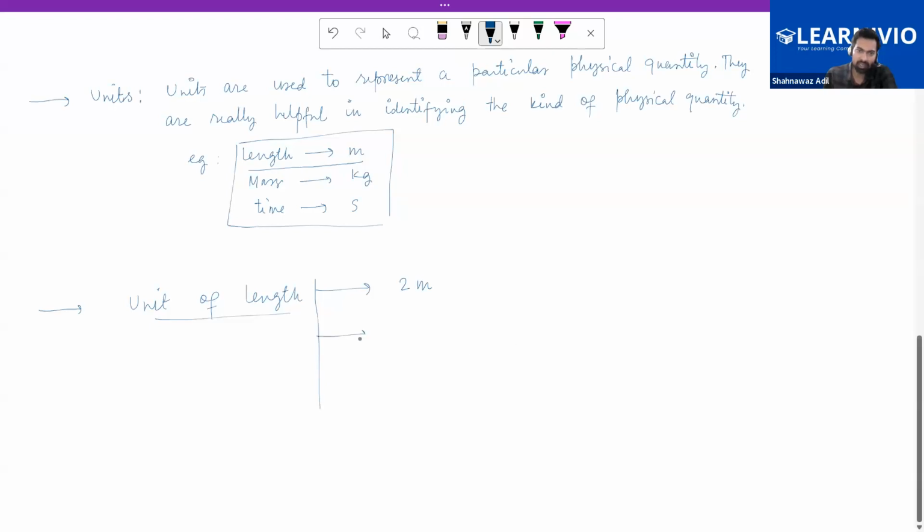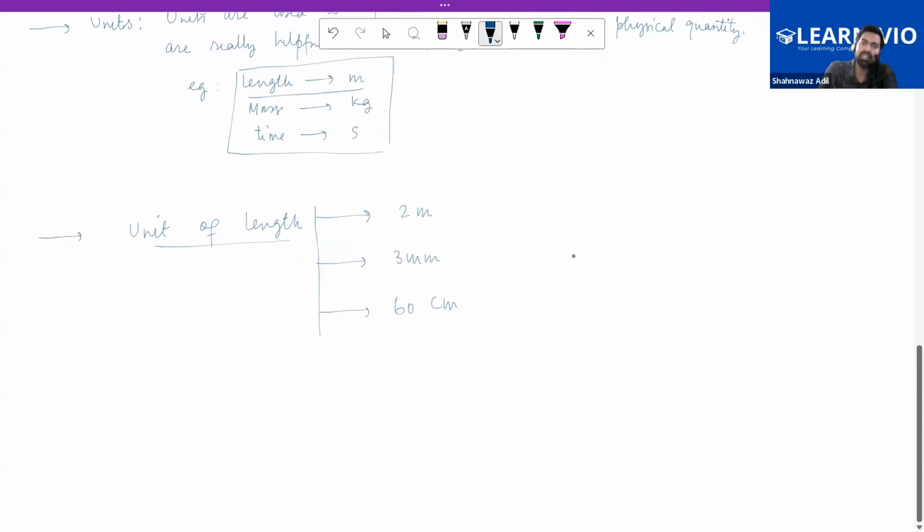I can also write some other number, 3 millimeters, or 60 centimeters. I can have different kinds of notations or units for length, so I should remember how I can interchange between these units.